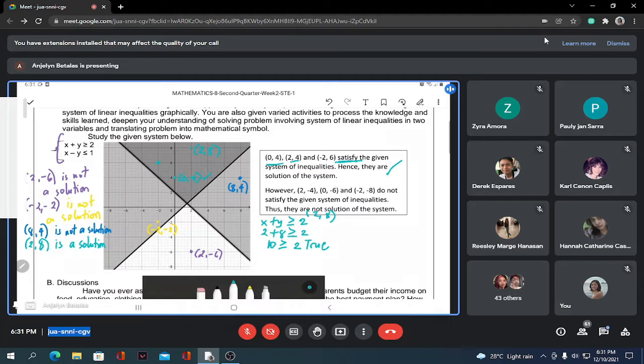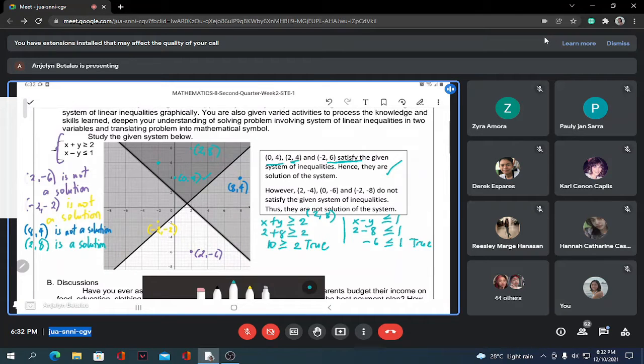Both inequalities must be satisfied. Next, x is 2, y is 8, less than or equal to 1: 2 minus 8, negative 6, less than or equal to 1. This is also true. So these three satisfy the given inequalities or system.